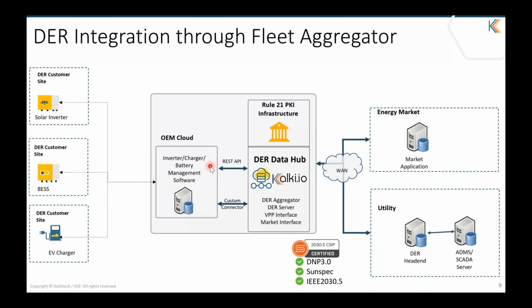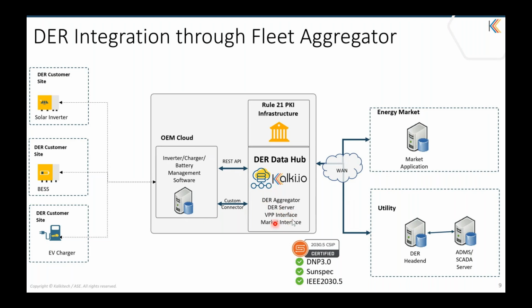It could be a battery or inverter management system, or it could be cloud-based software provided by the OEMs, and the data collected from the field devices on proprietary or native protocols can be exchanged with the aggregator on REST APIs, or maybe any custom connectors can be used to integrate with the fleet aggregator and the utility 2030.5 aggregator.